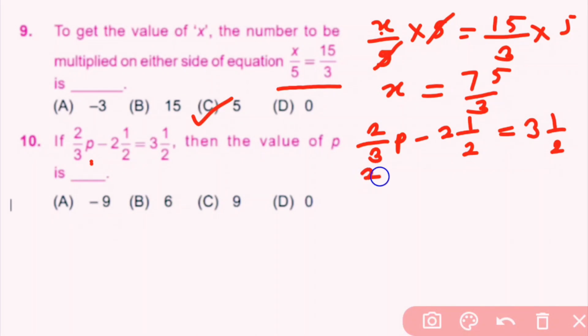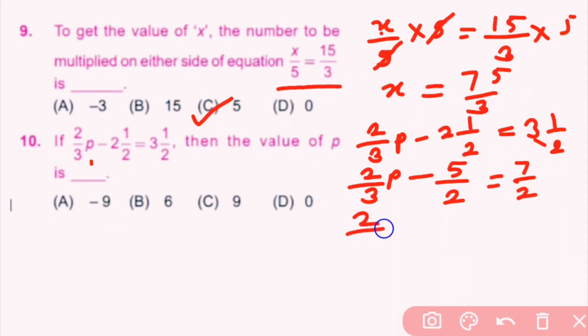So here 2 by 3p minus, here 2 into 2 is 4, 4 plus 1 is 5, 5 by 2 is equal to, here 2 into 3 is 6, 6 plus 1 is 7, 7 by 2.